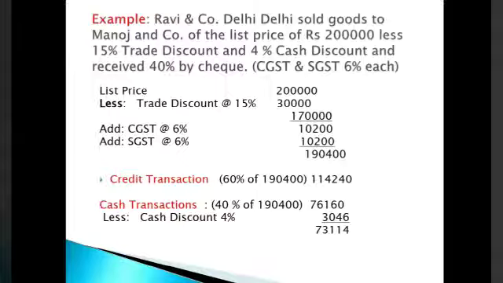So here you will provide cash discount 4% on that 40% of the amount receivable, that is on 76,160. If you take 4%, you will get 3,046, and the net amount you will receive for this will be 73,114. So 60% of the amount still remains credit, that means you will receive in the future.